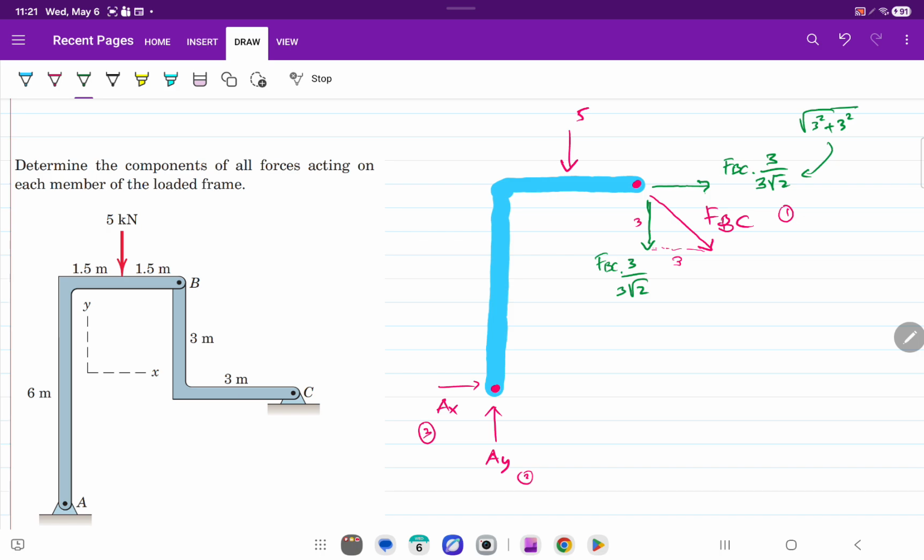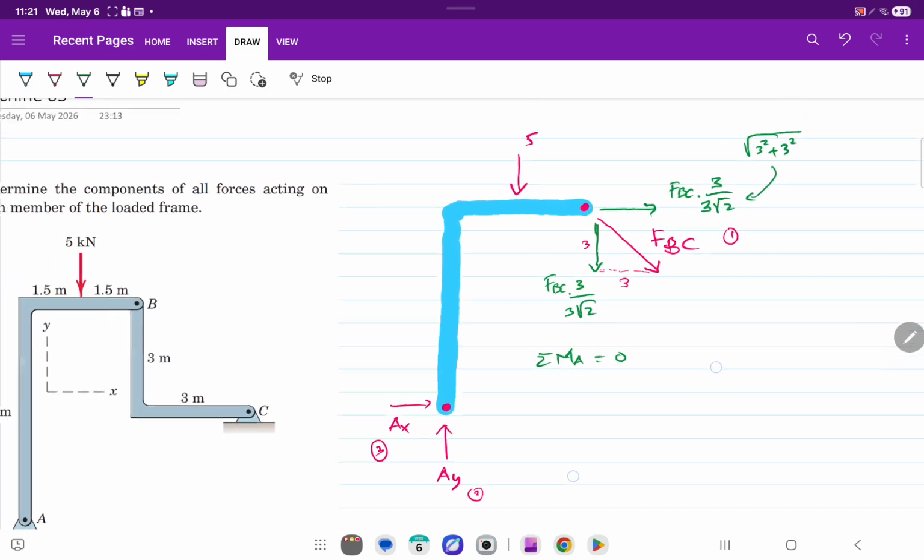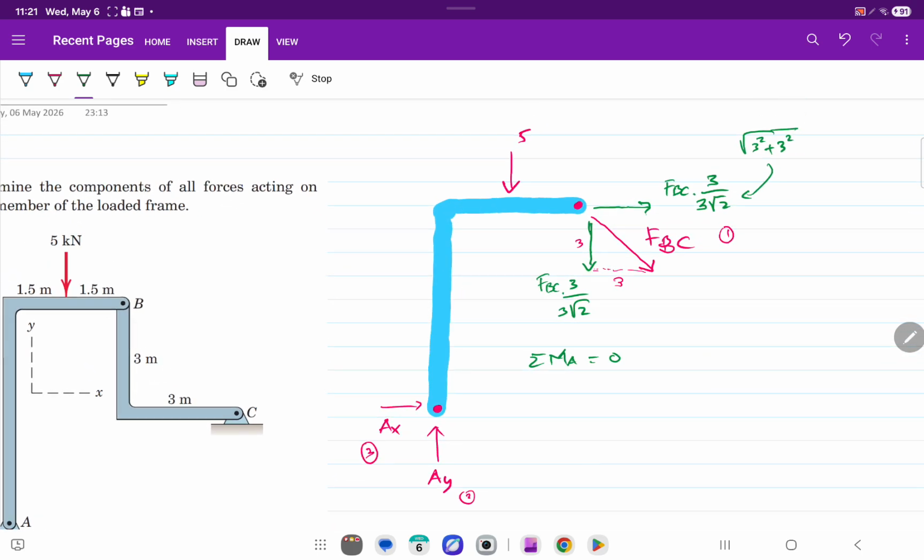And now let's evaluate the moment at point A. Why A? Because A has two unknowns. So let's do it first by checking which forces generate moment.